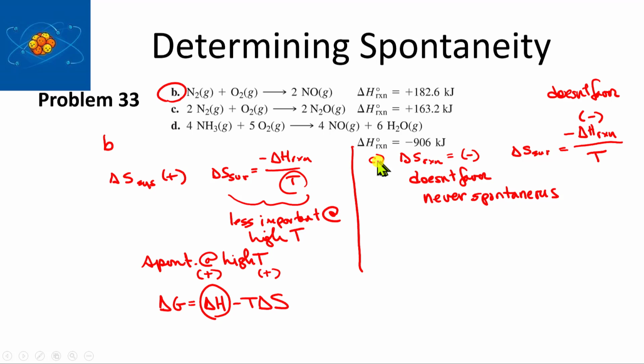We can do the same thing with C. Delta H is positive. And then delta S is, I already forgot what we said, negative. Delta S is negative, yeah, sorry.